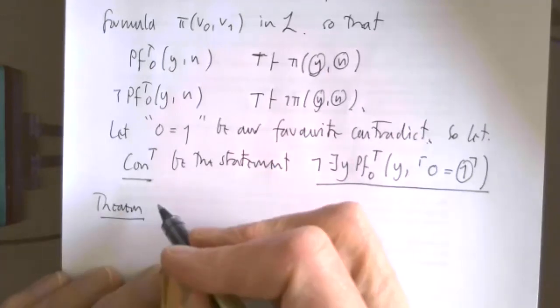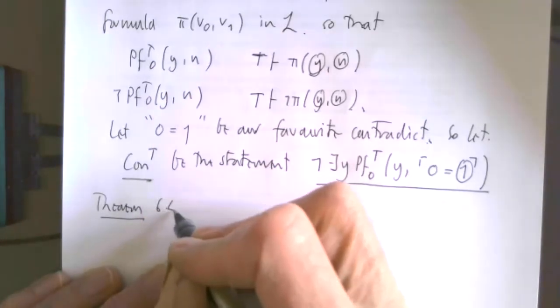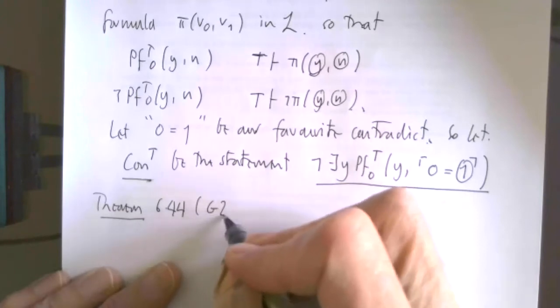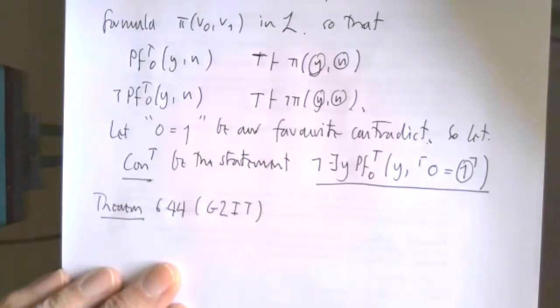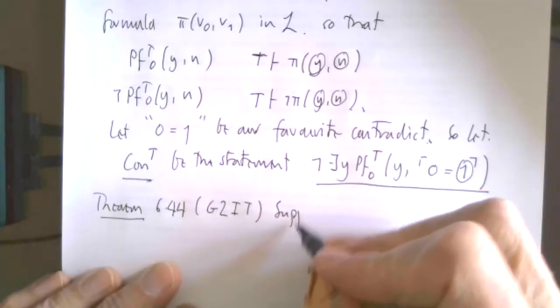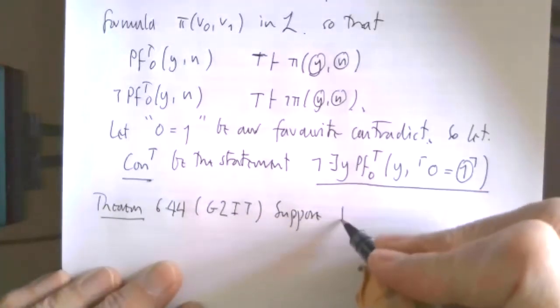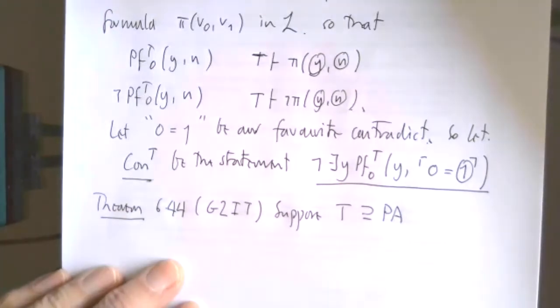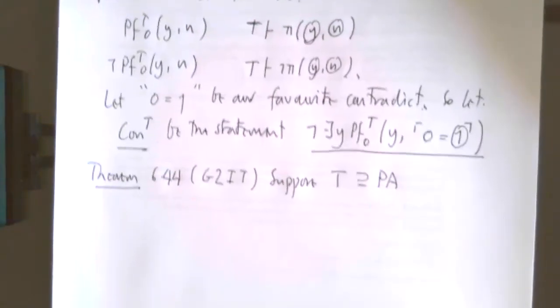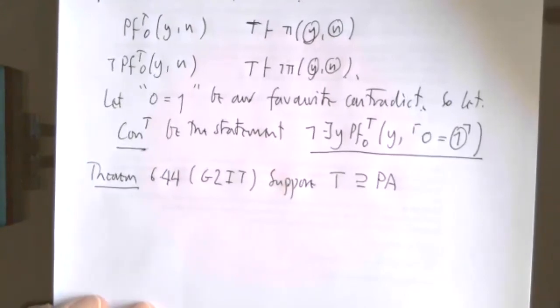Gödel realized after he'd proved the first incompleteness theorem that there was this second incompleteness theorem here. Suppose T, and now we have to have a little bit more than Q. We have to have that T extends the axioms of Peano arithmetic.